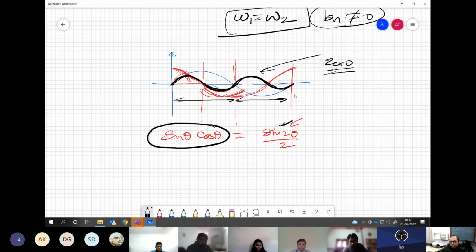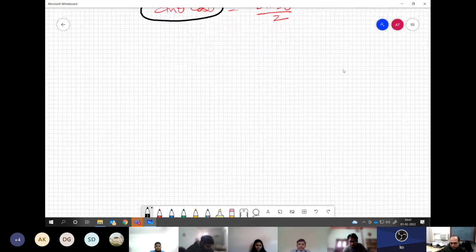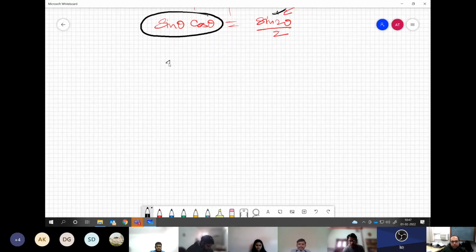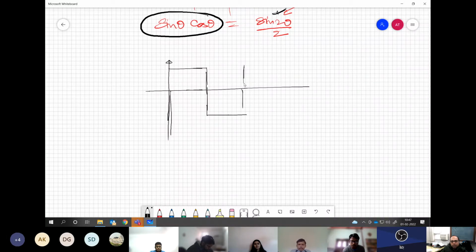What I'm trying to say is, when we are analyzing any waveform, let us take the example of the square wave we took earlier. We got average value equal to 0, obviously because we have balanced voltages on the positive and negative side.